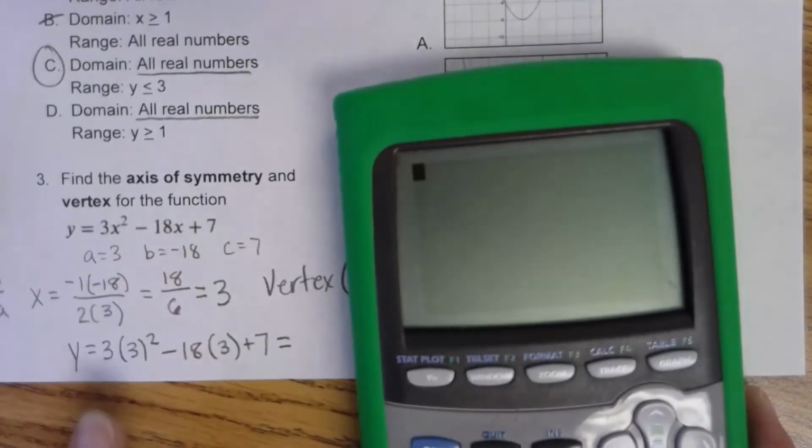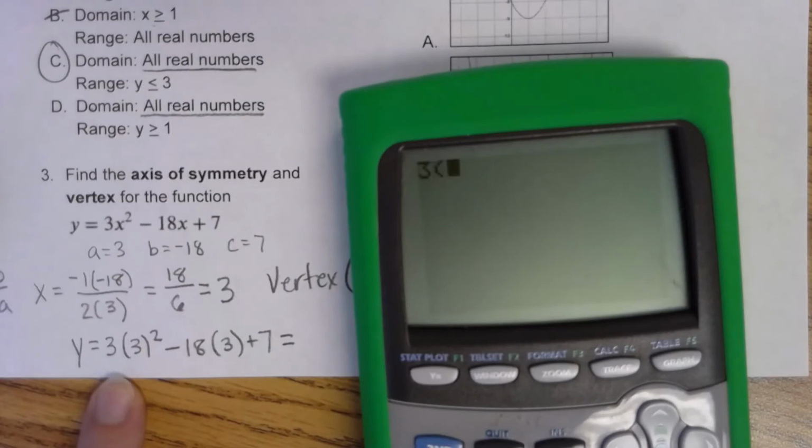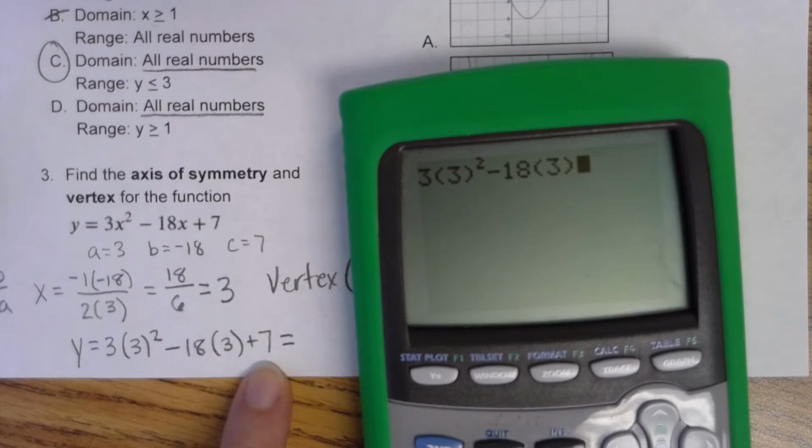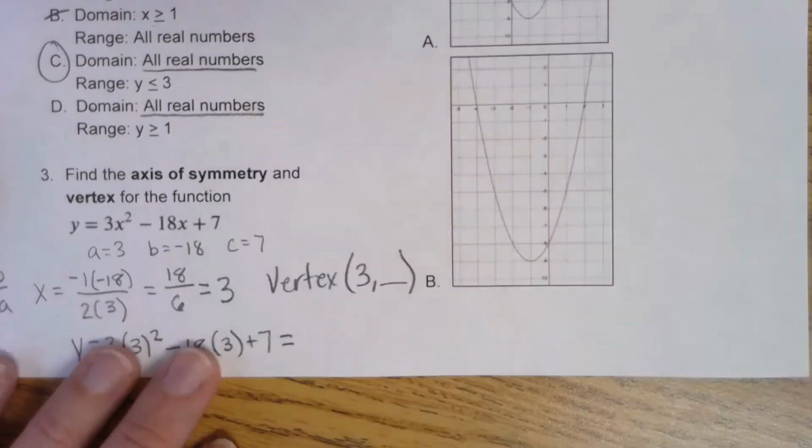So type in exactly how you have it written, 3 parentheses, and we're going to square it. Now if you had a negative, you have to use parentheses, so be careful with that. Minus 18, and do our parentheses for our 3, and then plus 7. So I always recommend when plugging in a number that you use those parentheses. It gives us a value of negative 20.